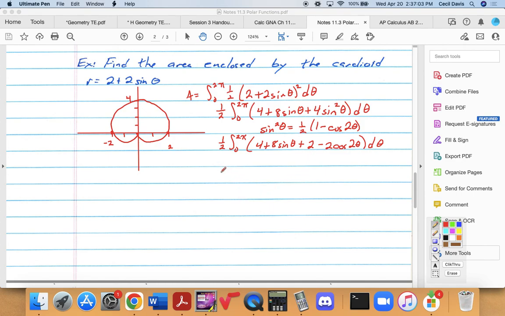So this is going to be 1/2 of, let's group like terms and take the antiderivative at the same time. The 4 plus the 2 is 6, so that'll be 6 theta, plus the antiderivative of 8 sine theta, which will be negative 8 cosine theta.